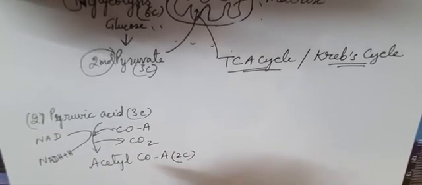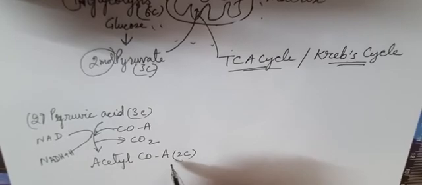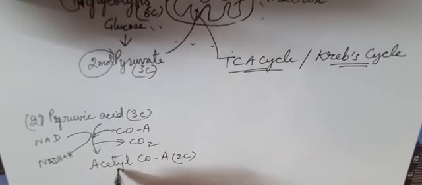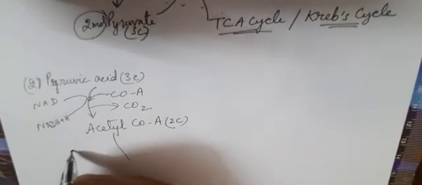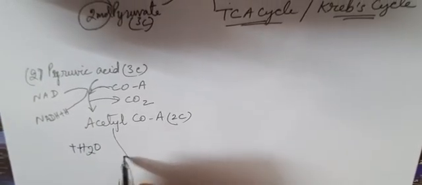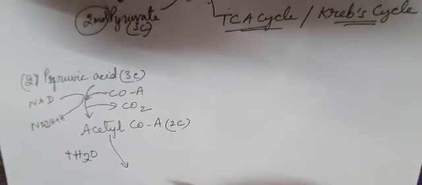So then this acetyl coenzyme A will get hydrolyzed by addition of water, and it will combine with oxaloacetic acid, which is a 4 carbon compound.